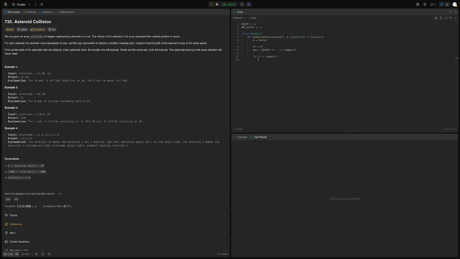So while abs of nums -1 is, both explode, that's kinda tough.